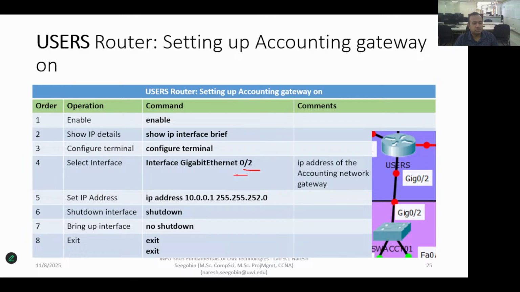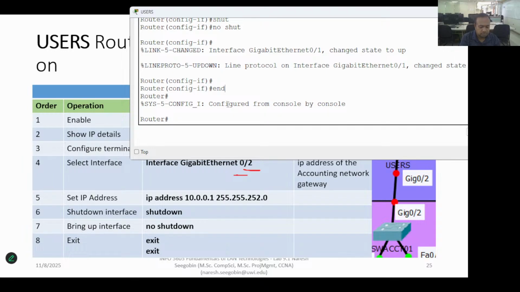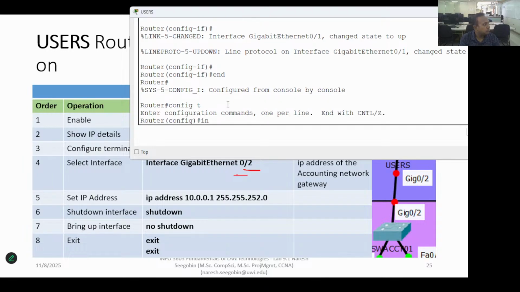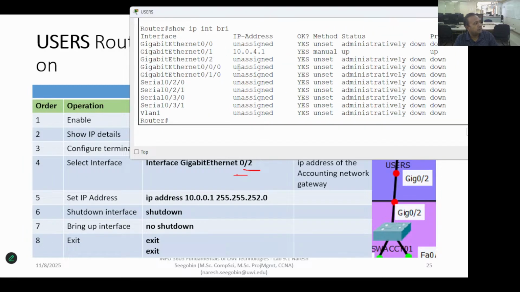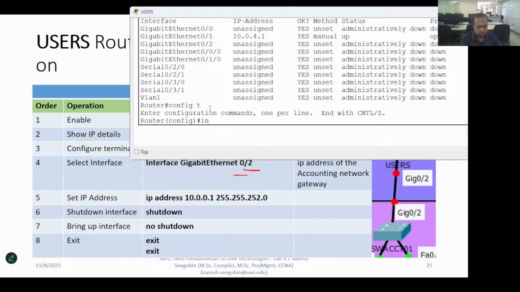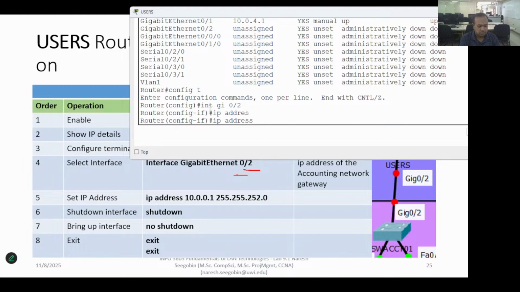We're going to configure the next one. Just showing the IP interface as configured and up, right? Okay, yeah, go ahead. Yeah, 0.0.1.